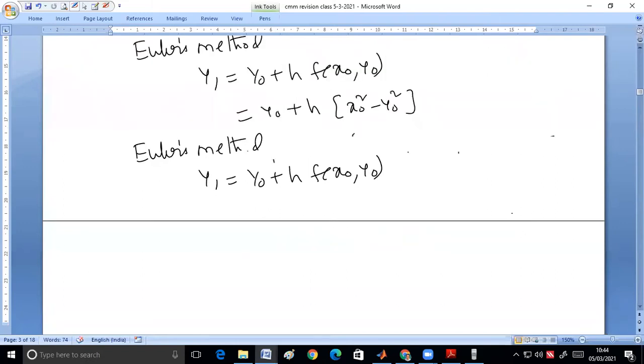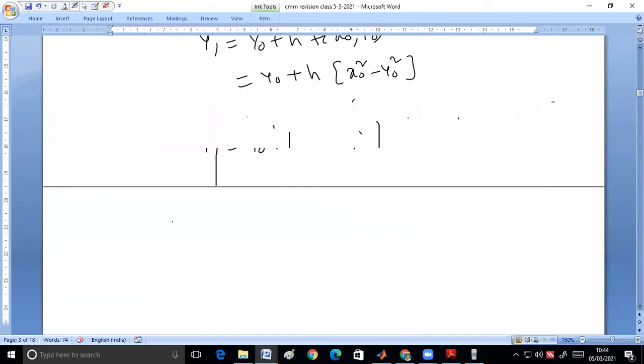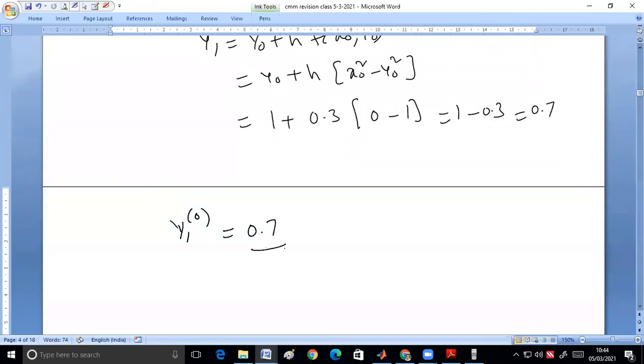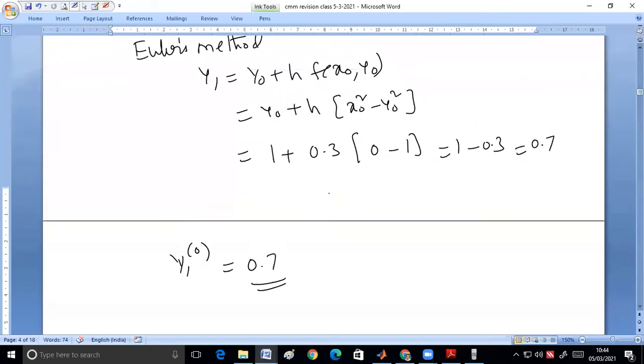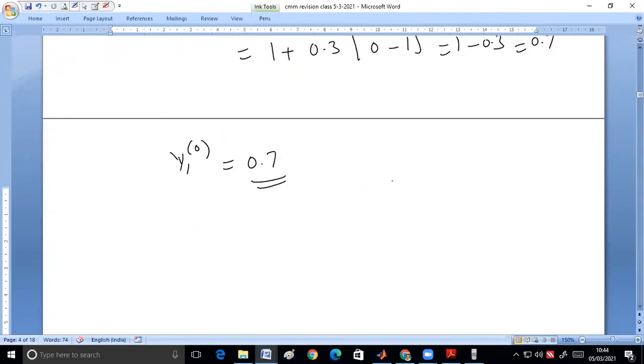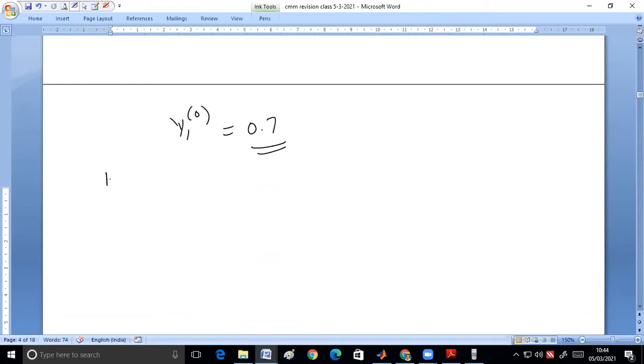Now this is the initial approximation for the modified Euler's method. Now we will apply the modified Euler's method. What is the modified Euler's method? First approximation.